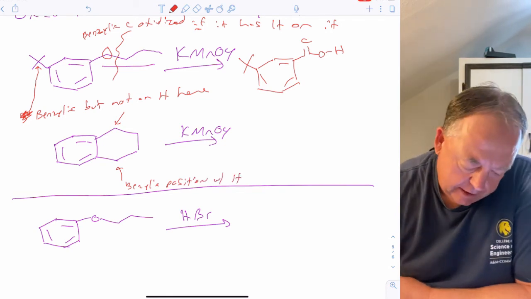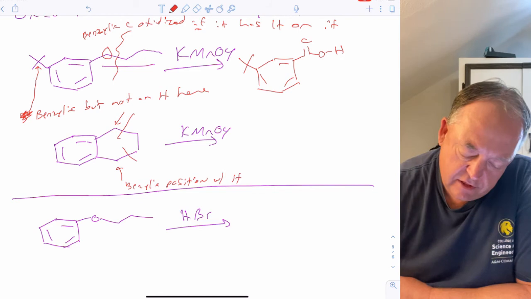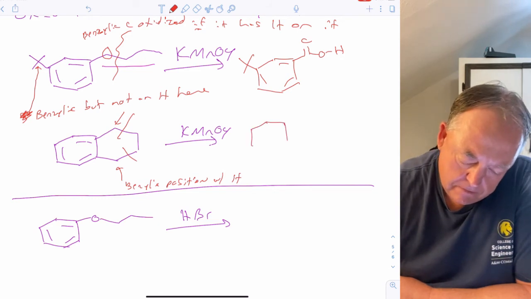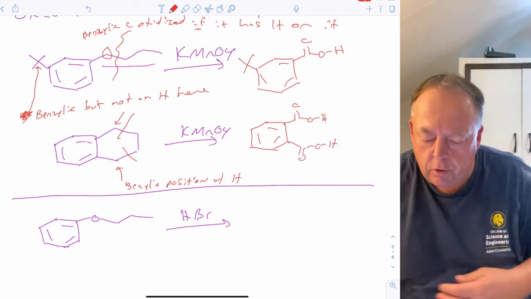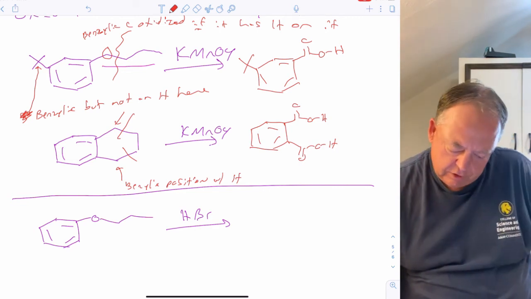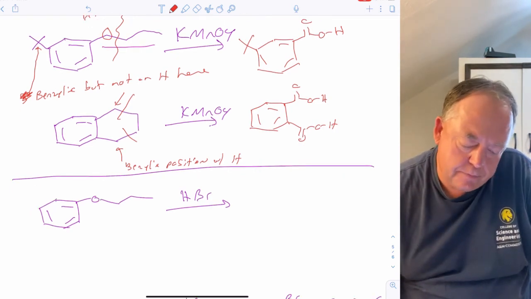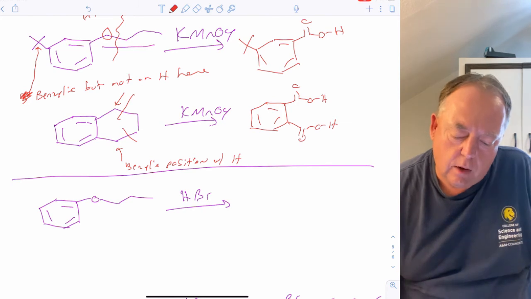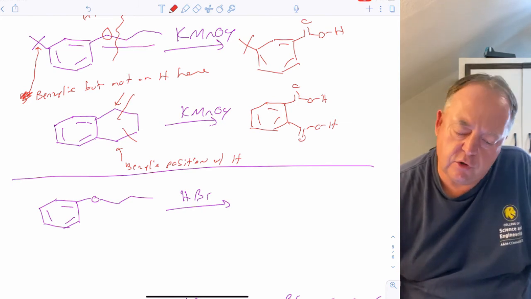So they're going to oxidize, so you're going to cleave it there and you're going to cleave it there. And that would be your major organic product. So again, all benzylic carbons that have hydrogens will oxidize to benzoic acids, to carboxylic acids.